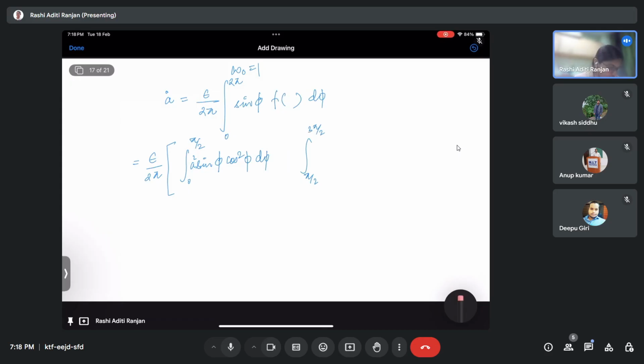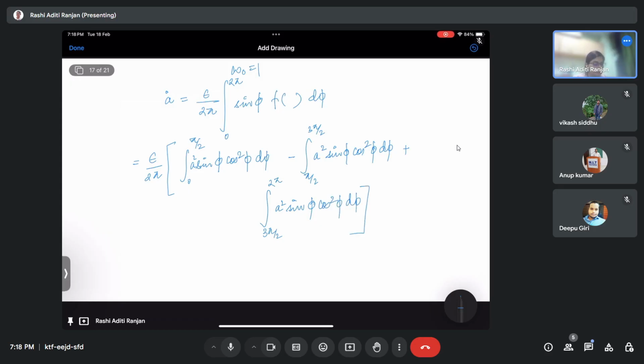There should be a minus over here. A square sine of phi cos square of phi d phi plus integration of 3 pi by 2 to 2 pi A square sine of phi cos square phi d phi. Okay, this is how it is.